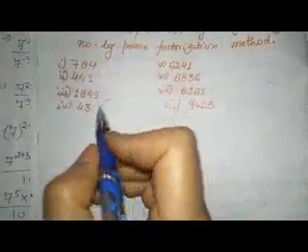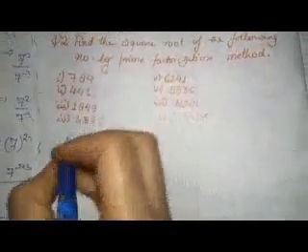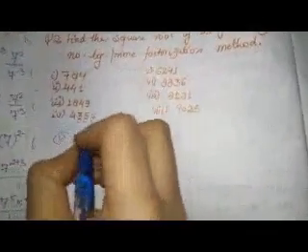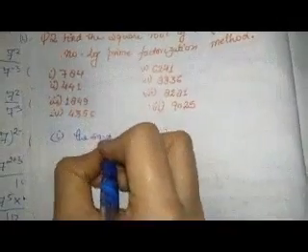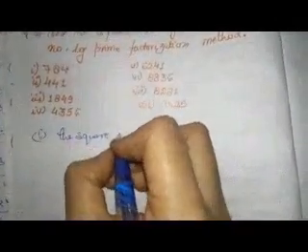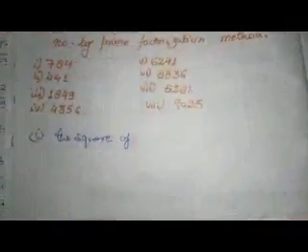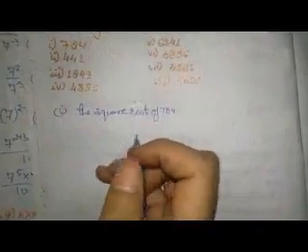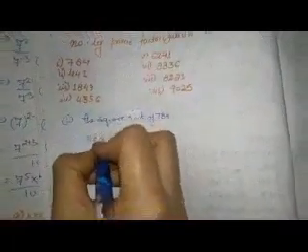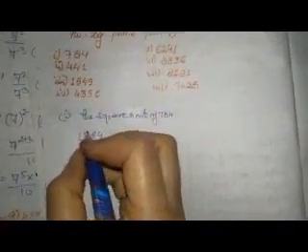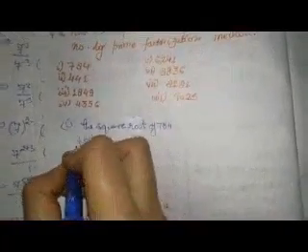Look at question number 1, which is 784. We will find the square root like this. The square root of 784. I will write 784 like this and take out its prime factors.